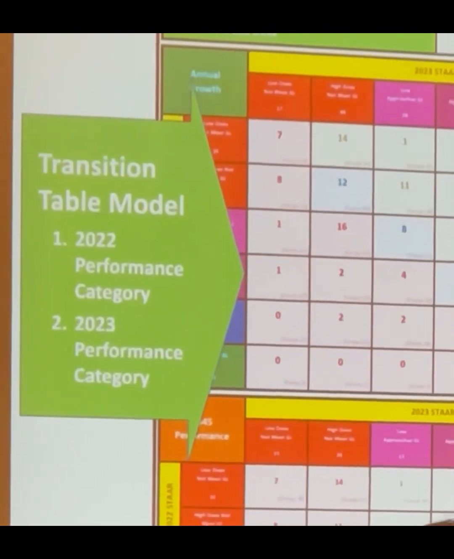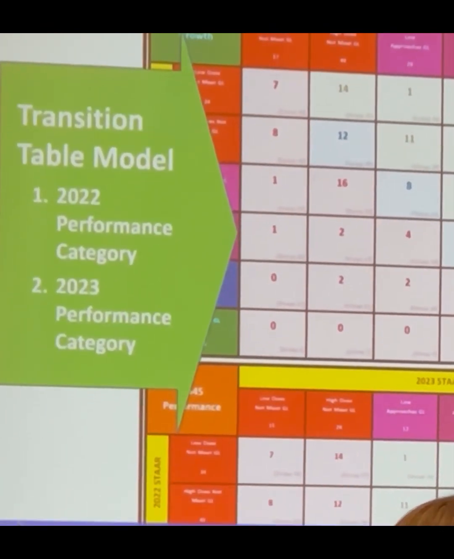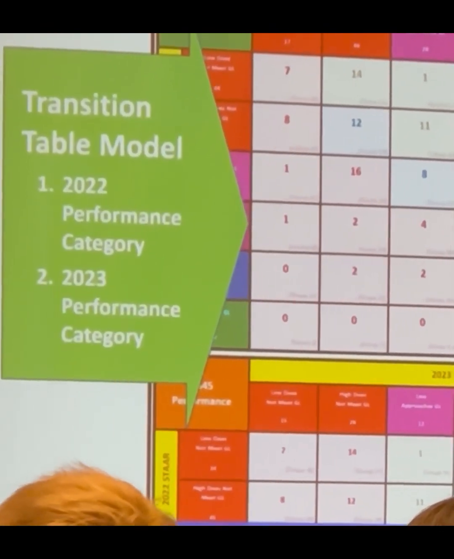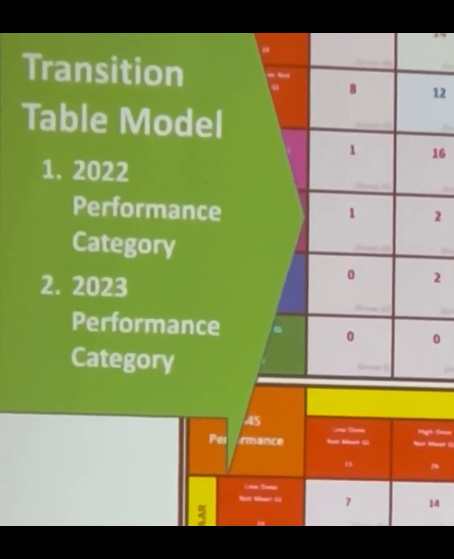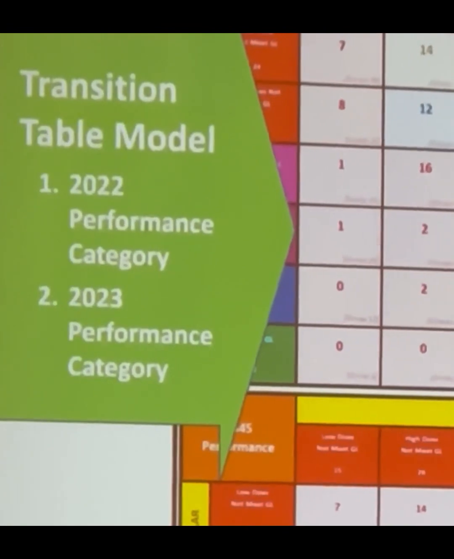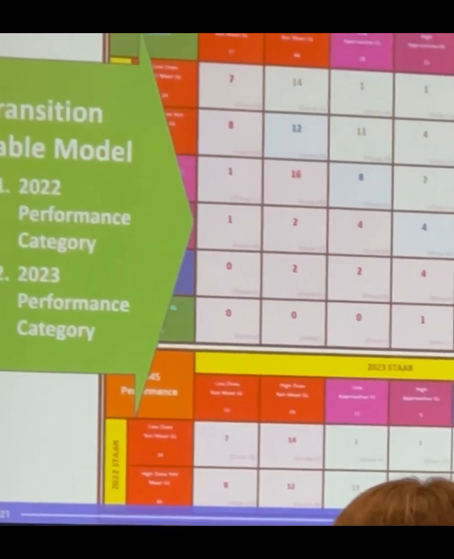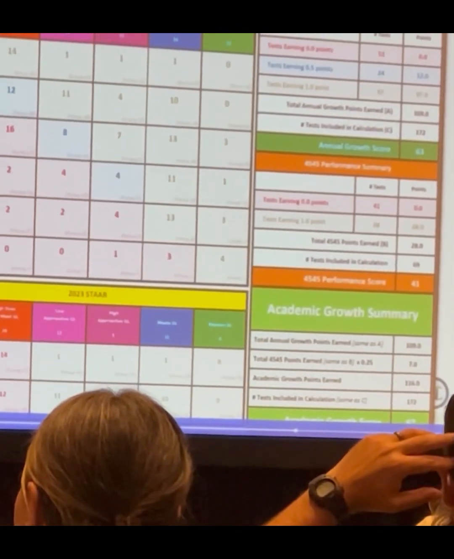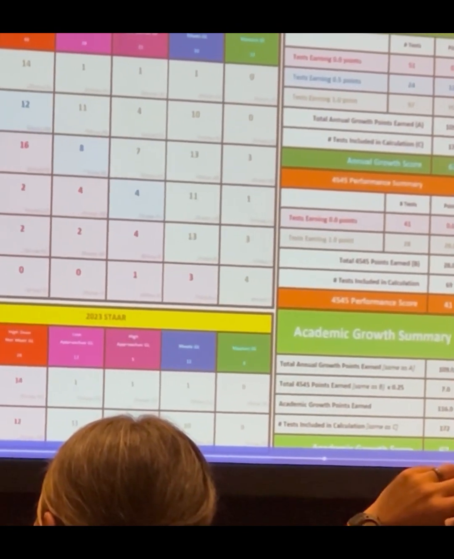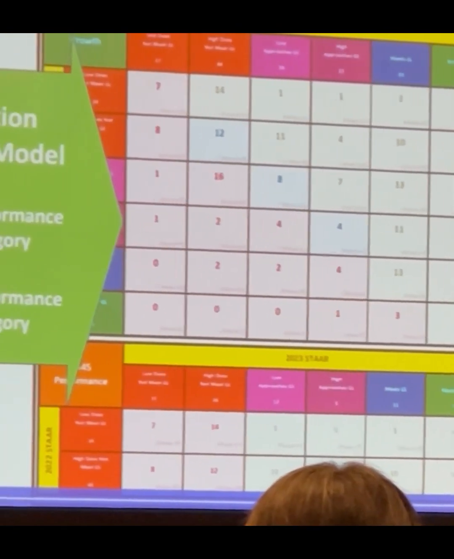In terms of looking forward, the transition table model for STAR looked at how kids did, what was their performance category, and I keep using these terms very, very intentionally. The student's individual scale score is not what is being looked at, it is the student's performance category.